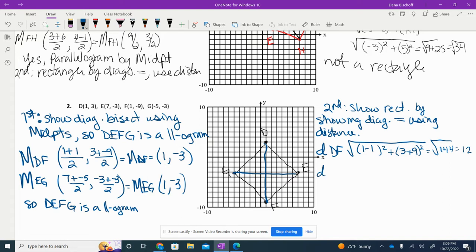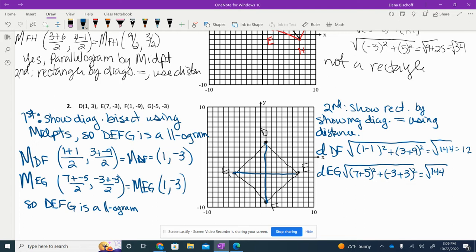Let's look at the distance from E to G. So for E, 7 minus a negative 5, which is 7 plus 5, the quantity squared, and negative 3 minus a negative, which is plus 3, the quantity squared. 7 plus 5 is 12, and 12 squared is 144.